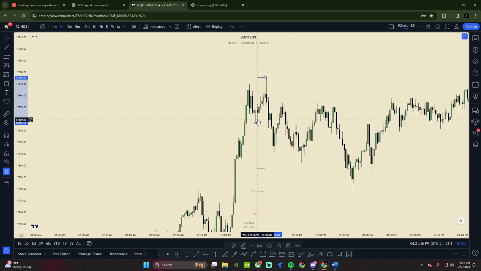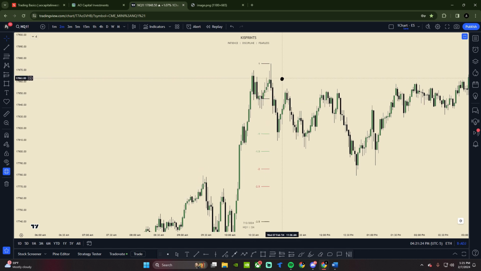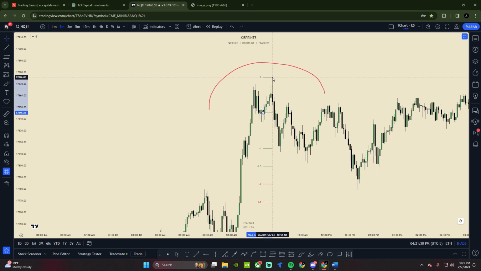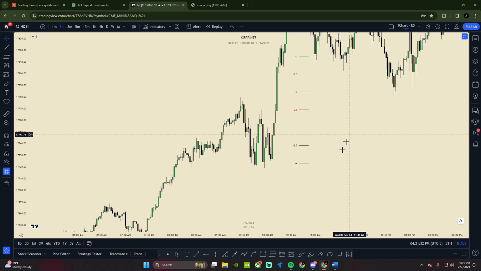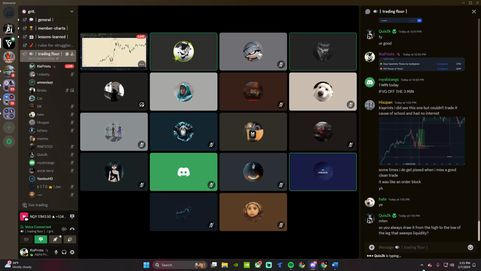Notice how on the 2 minute the wicks are a little bit too far off to really take a discretionary trade. So this is when I use it to the body. If it's a bearish setup, like this is bearish, I go from the high to the body. If it's a bullish setup, I go from the low to the body. Stuff like that. Does that make sense, Quicks?